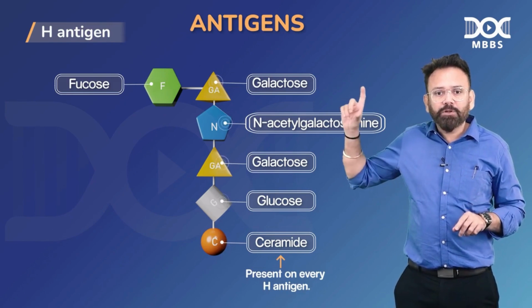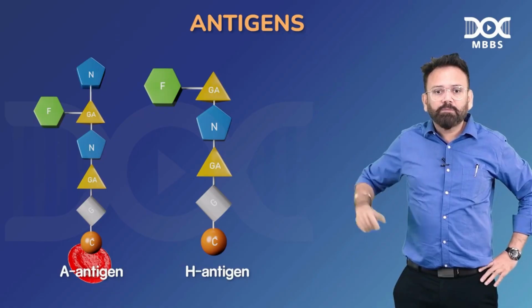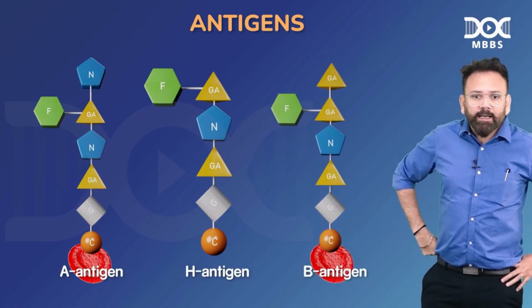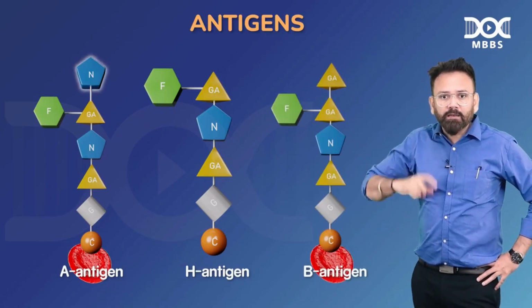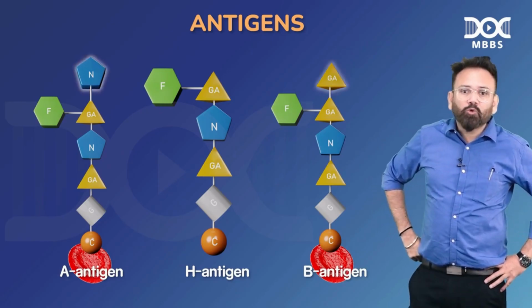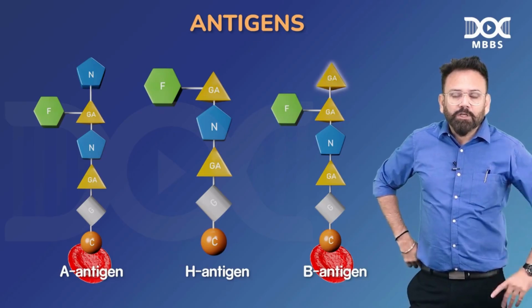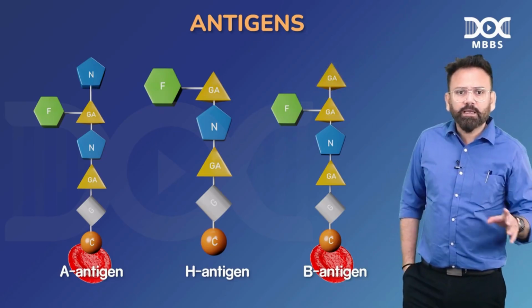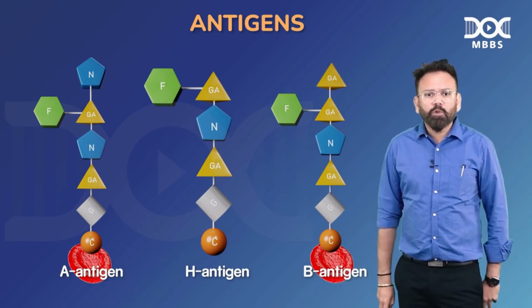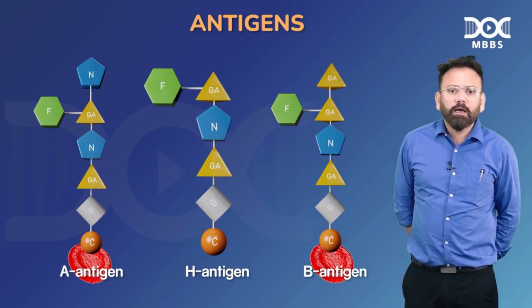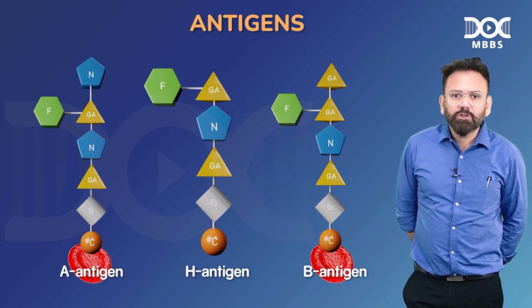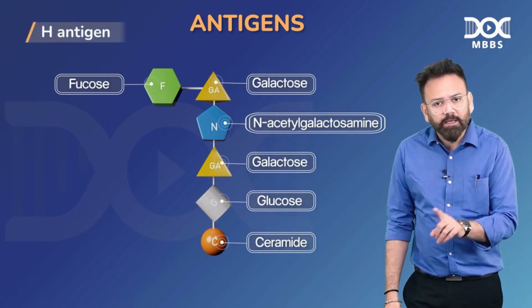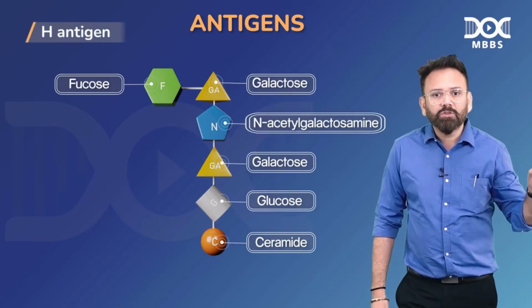You can beautifully appreciate what is the A antigen and what is the B antigen. It depends on whether it is having N-acetyl galactosamine or galactose transferase. Am I clear? This diagram is very important. Sometimes they can just give you this H antigen diagram. You have to represent what is in the A antigen and what is in the B antigen. Am I clear? So the H antigen is in every individual.